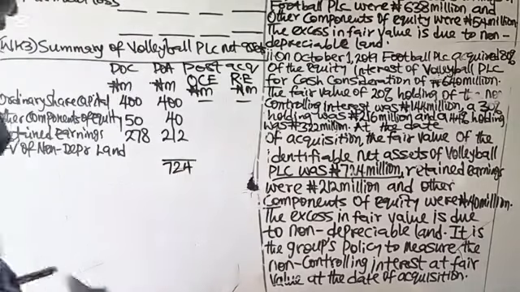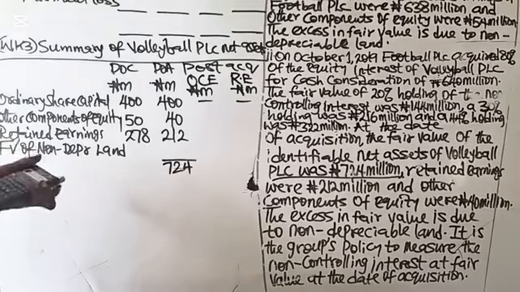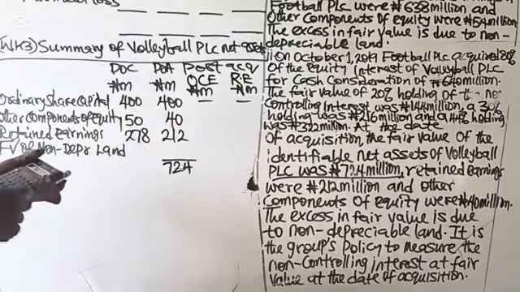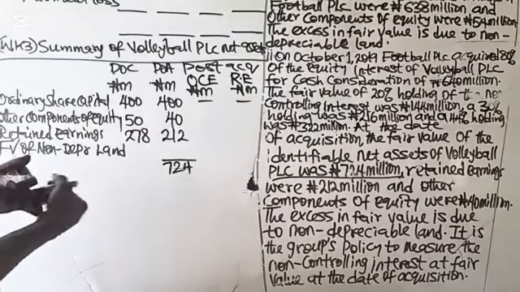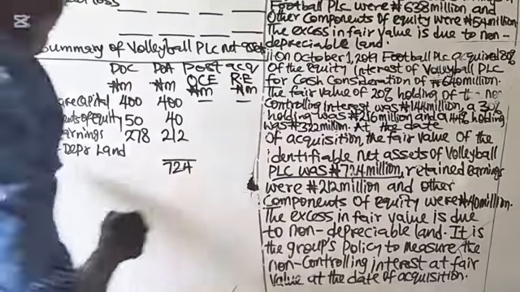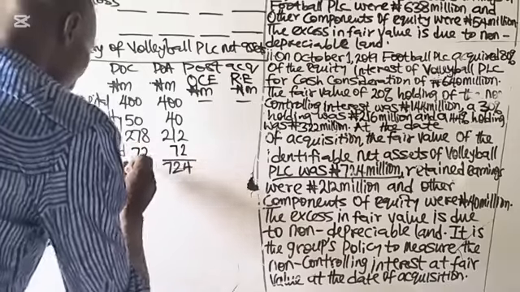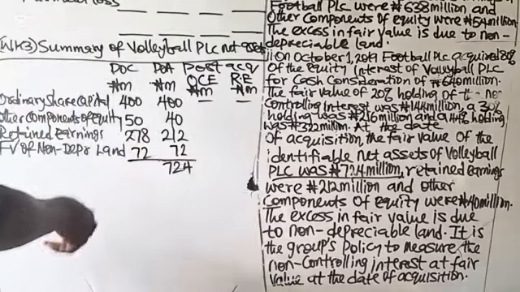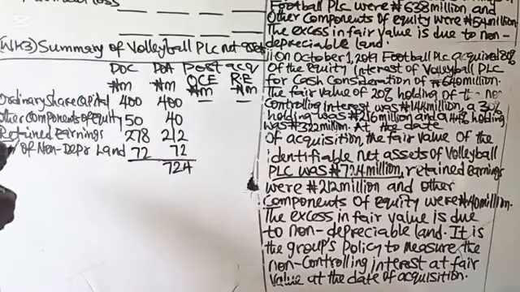Now let's total this to see if there is a difference. 400 plus 40 is 440, plus 212, so we have 652. If you subtract it from 724, then you have 72. That 72 is the fair value. The DOC is a memorandum column; it does not form part of the double entry.